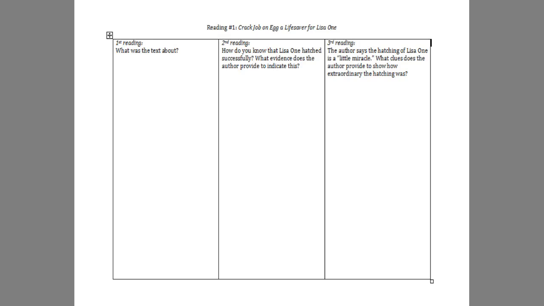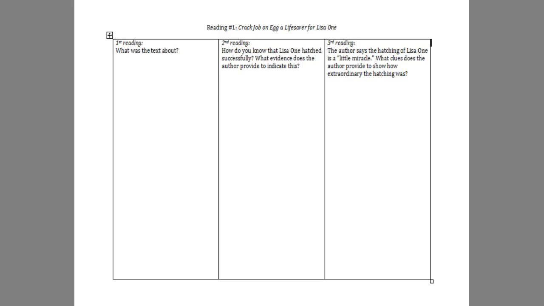So I have them read this article about how volunteers in New Zealand were able to save a Kakapo parrot egg that was cracked and was able to hatch successfully, so students could see the great lengths that people have to go through to save these particular birds when they're placed in danger, especially in that vulnerable stage when they're still in the egg stage.